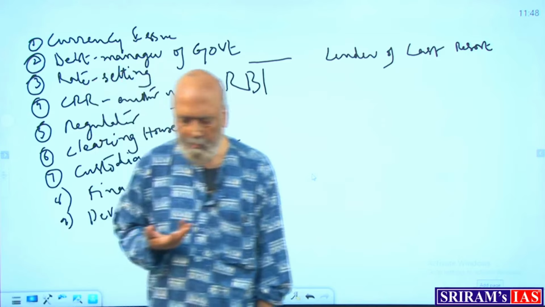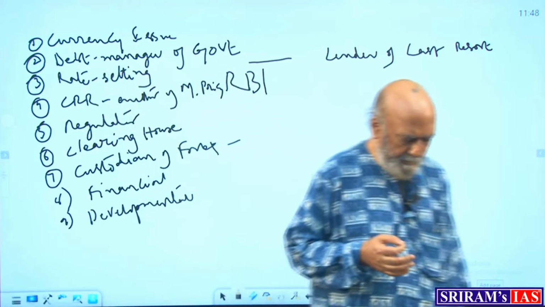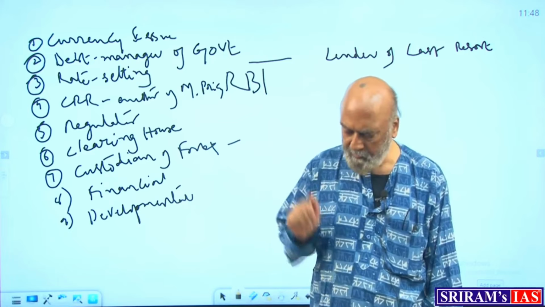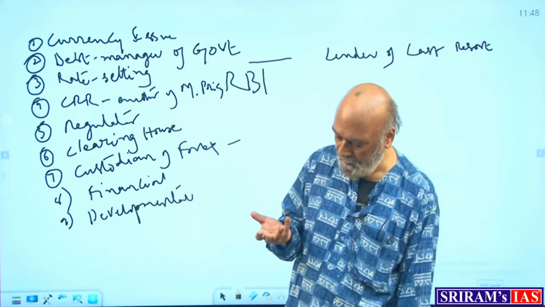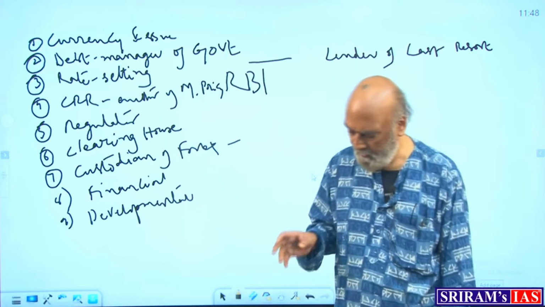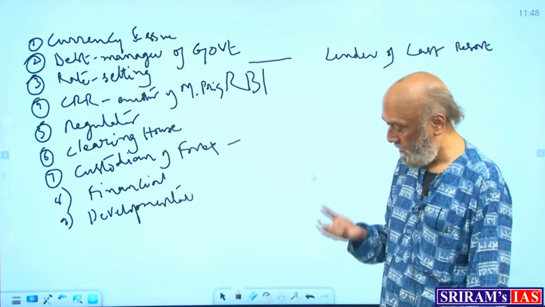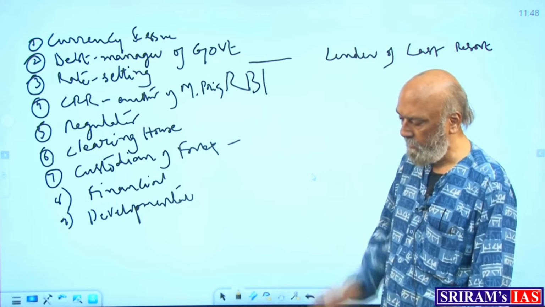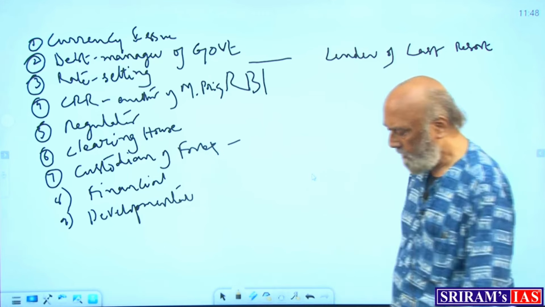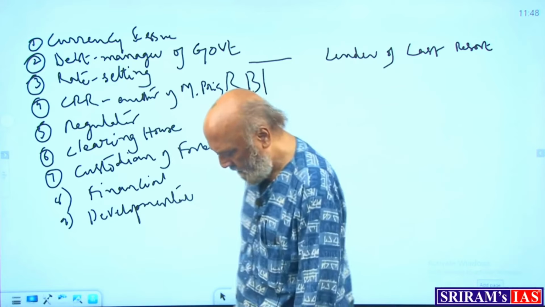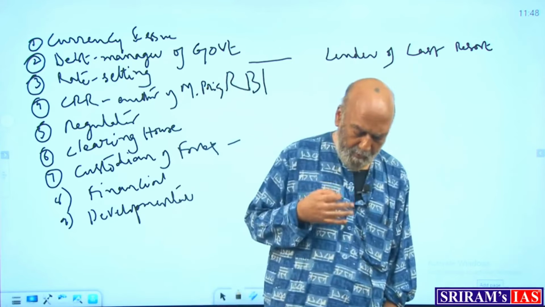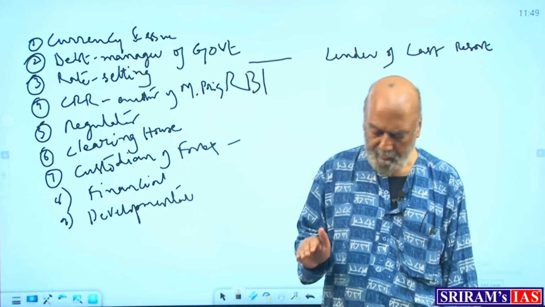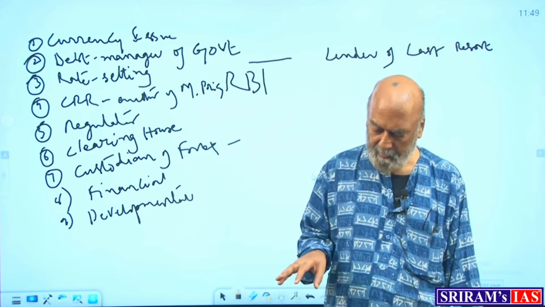So RBI is making monetary policy to cool the prices, let's say. Inflation is very high, you want to cool it, raise the rate. Inflation is very low, time for growth, let us reduce the rate. It does all this. Now, RBI is lowering the rate or making the rate higher.